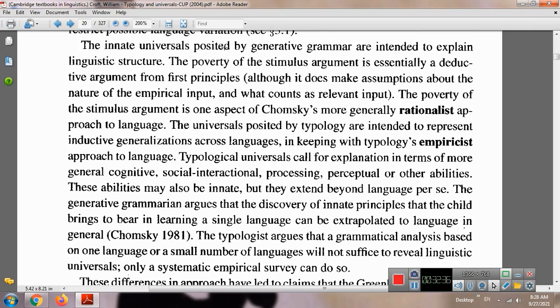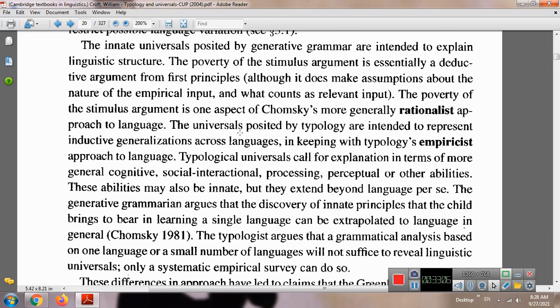The innate universals posited by generative grammar are intended to explain linguistic structure. The poverty of the stimulus argument is essentially a deductive argument from first principles, although it does make assumptions about the nature of the empirical input and what counts as relevant input. The poverty of the stimulus argument is one aspect of Chomsky's more generally rationalist approach to language.